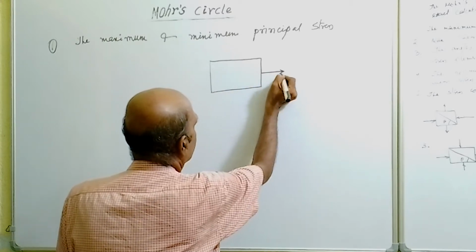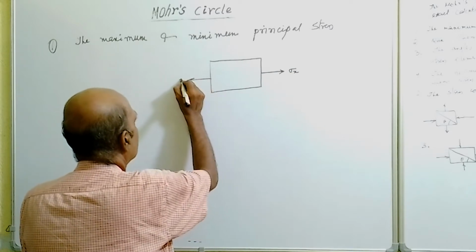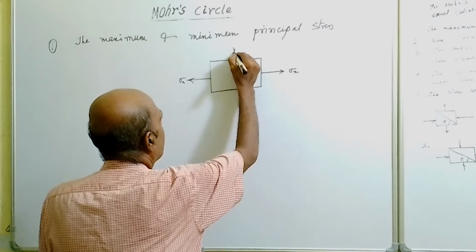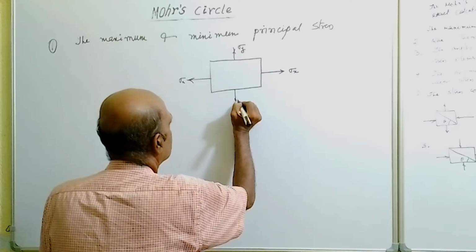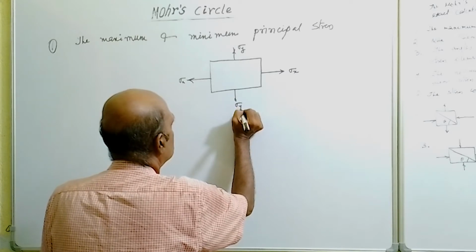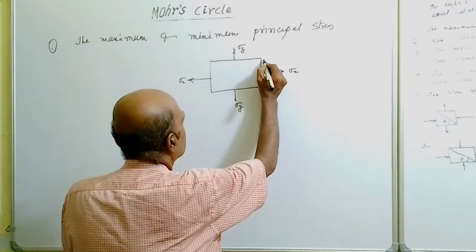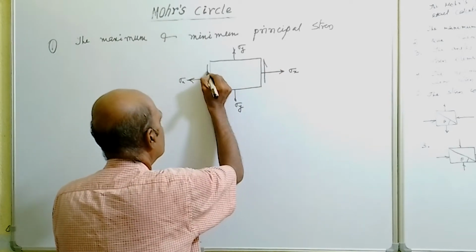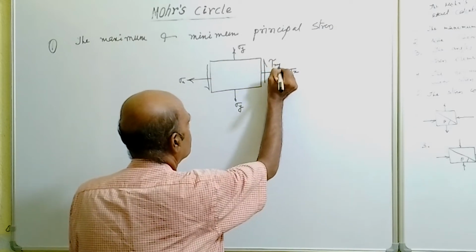Let sigma x be acting along the x direction, which we consider positive. Sigma y is acting along the y direction, that is also positive, that is tensile stress. On the x face, shear stress is acting in the anti-clockwise direction, that is tau xy.